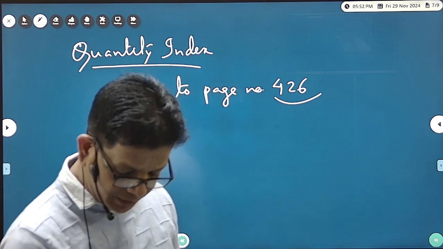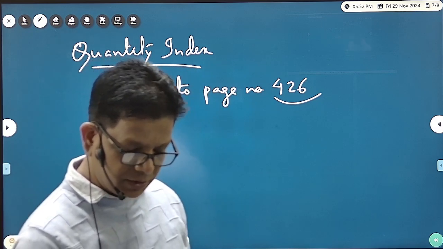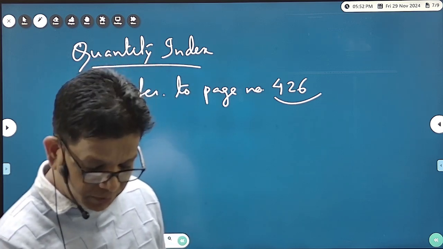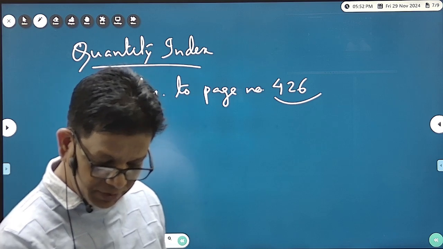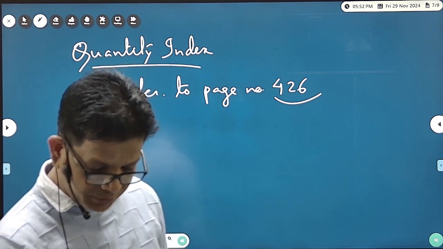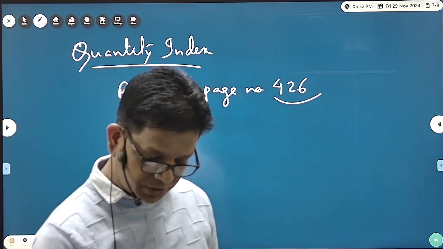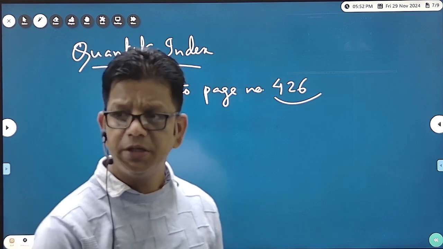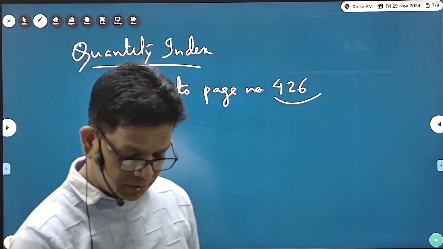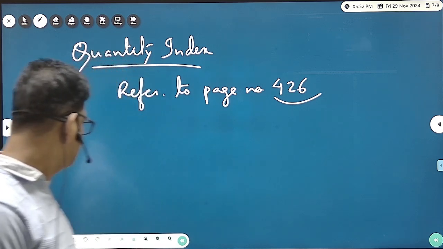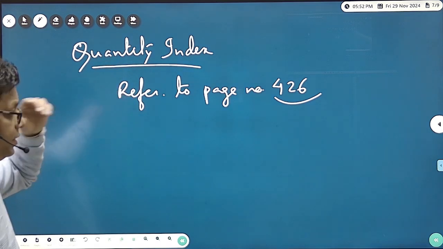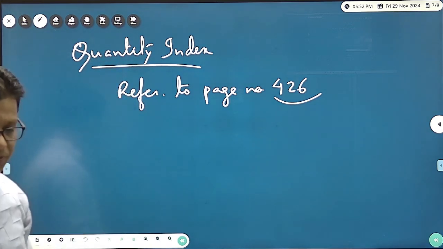Certain terms are given on page number 437, like moving average. It is just the direct formula for calculating moving average: the observed value, whatever is given, and the moving trend average of this value. The values will be given directly in the questions. You just need to put them in the correct formula and get the required answer. As I said, quantity index is very similar to price index, so I have nothing new to explain.